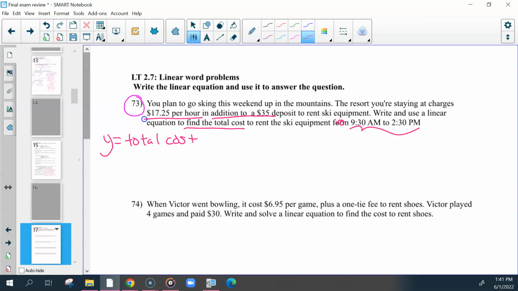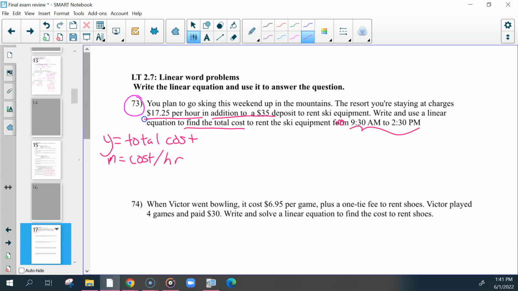In our slope-intercept format, our m, our slope, is something per, so $17 per hour. This would be cost per hour. Or it may say for each. Your x in your equation would be what comes next.